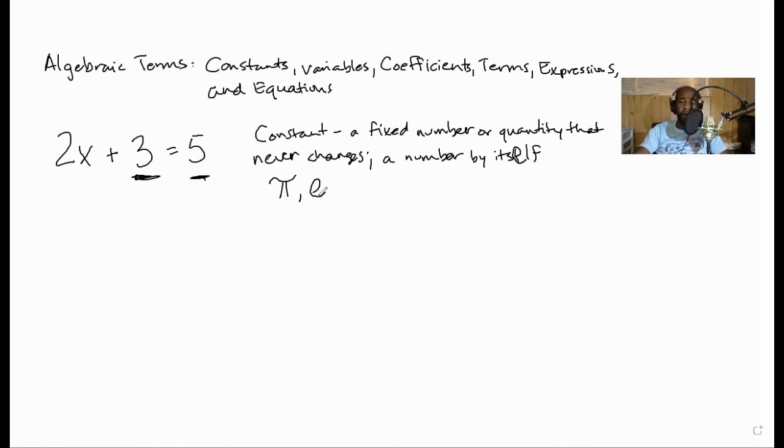Now, since we talked about constants, we should immediately talk about variables. A variable, V-A-R-I-A-B-L-E, is a symbol for an unknown value. In this equation here, x is a variable. Let me label these. So these are constants.